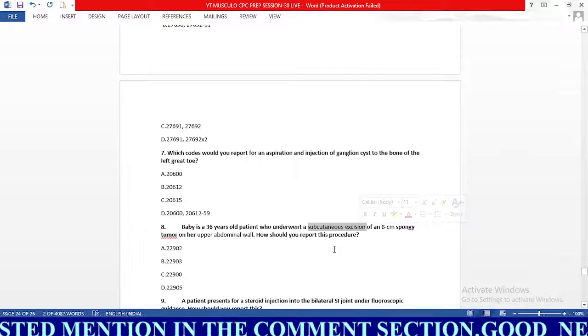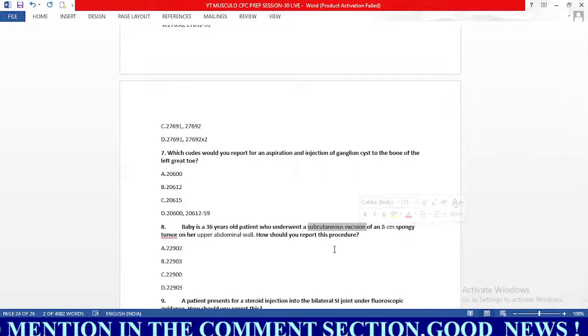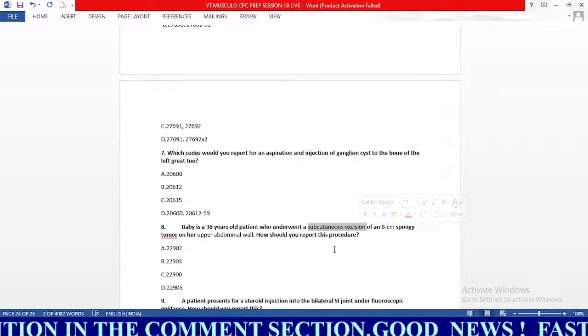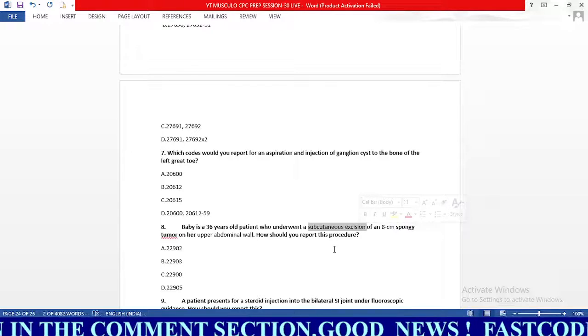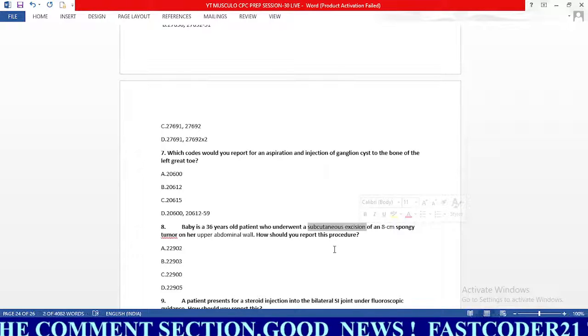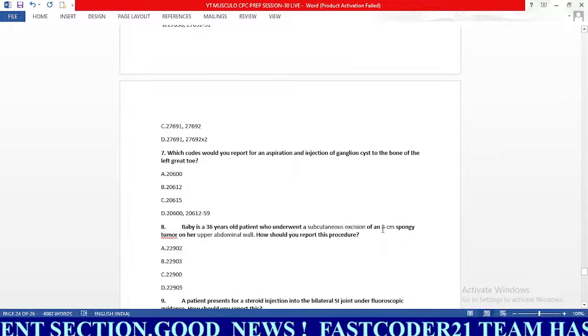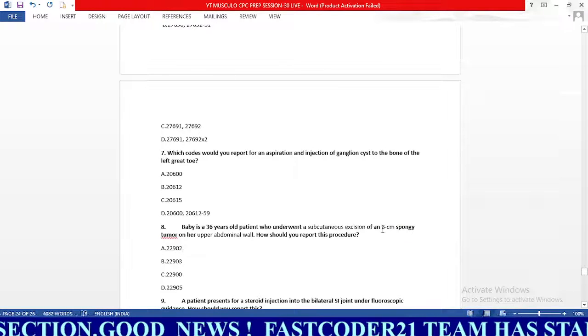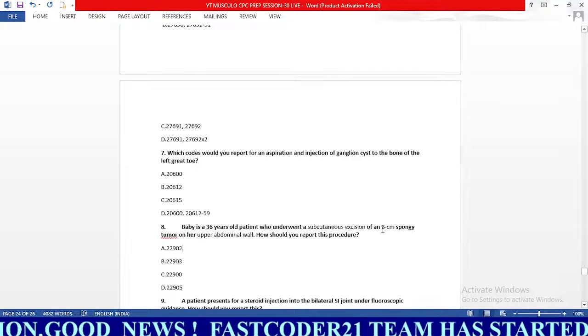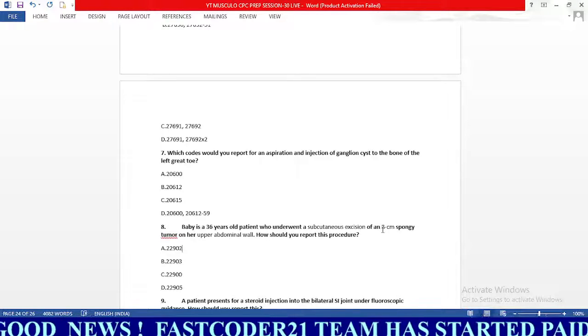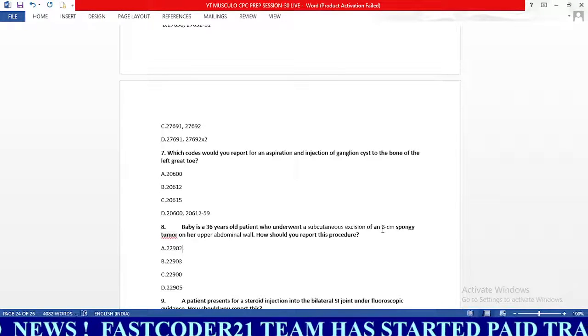We will check 22902. Excision tumor soft tissue of abdominal wall subcutaneous less than 3 centimeters. But based on our question, the physician has excised 8 centimeters. So 22902 is wrong, as we use 22902 for less than 3 centimeters.